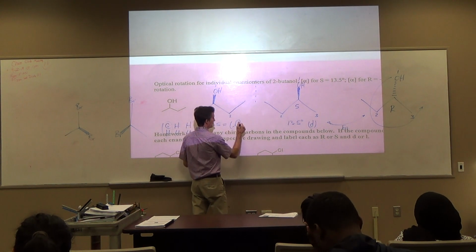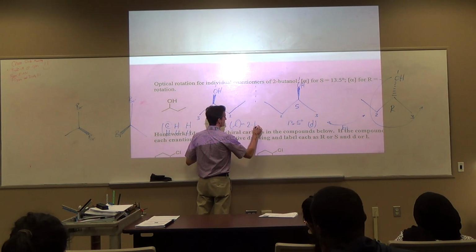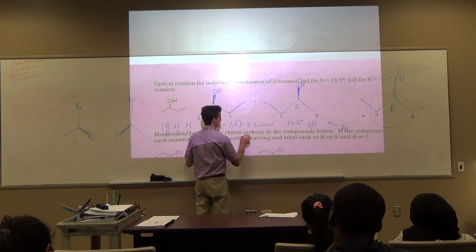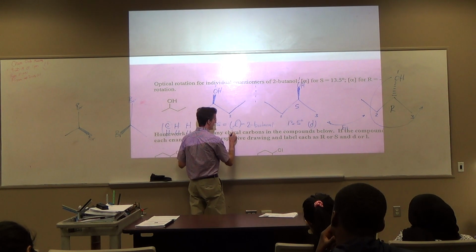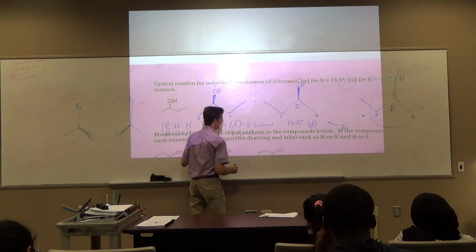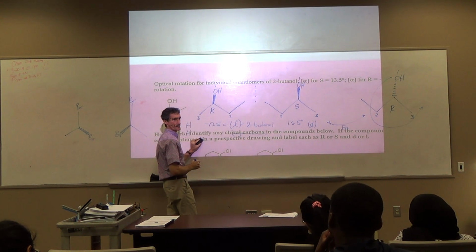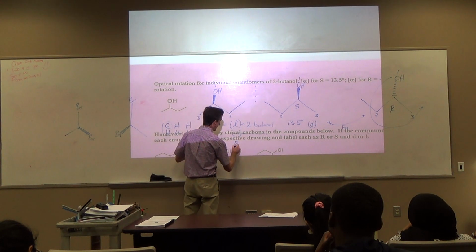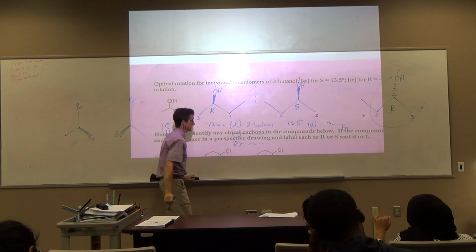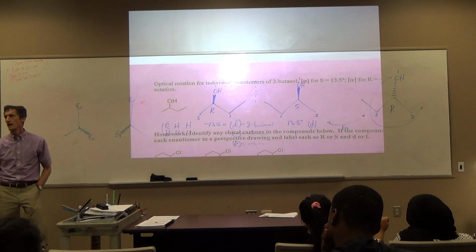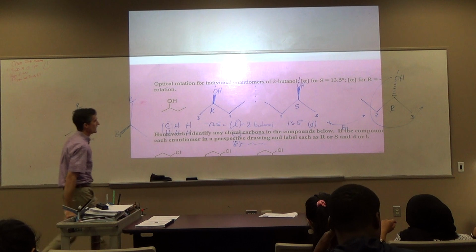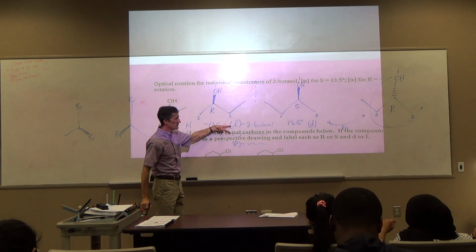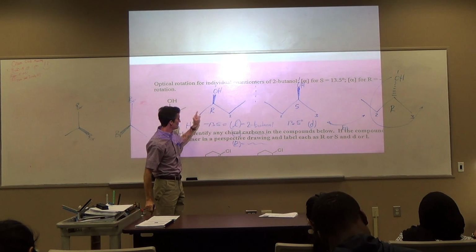Now it's possible to call this one L-2-butanol. We could also call this minus 2-butanol. Or we could call this R-2-butanol. At this point, we have three different names that are possible. The first two basically mean the same thing, and the first two are only possible if we know that number.